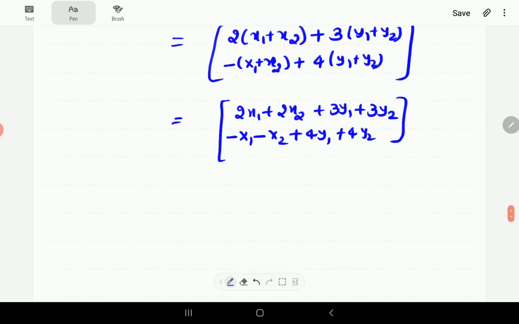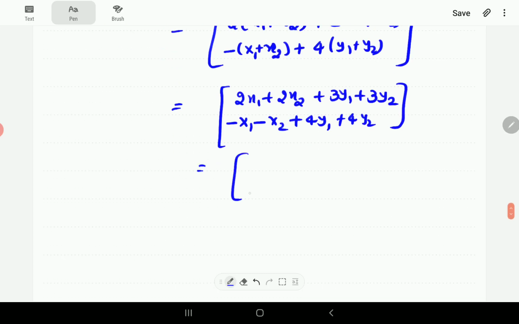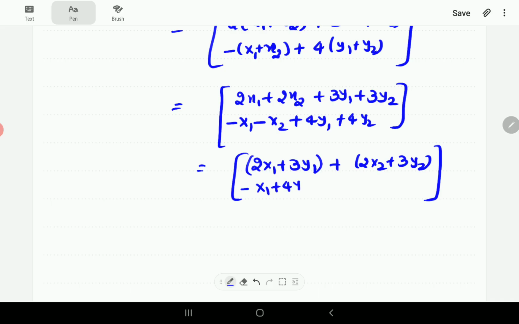We can write this further as (2x1 plus 3y1) plus (2x2 plus 3y2), and (minus x1 plus 4y1) plus (minus x2 plus 4y2).